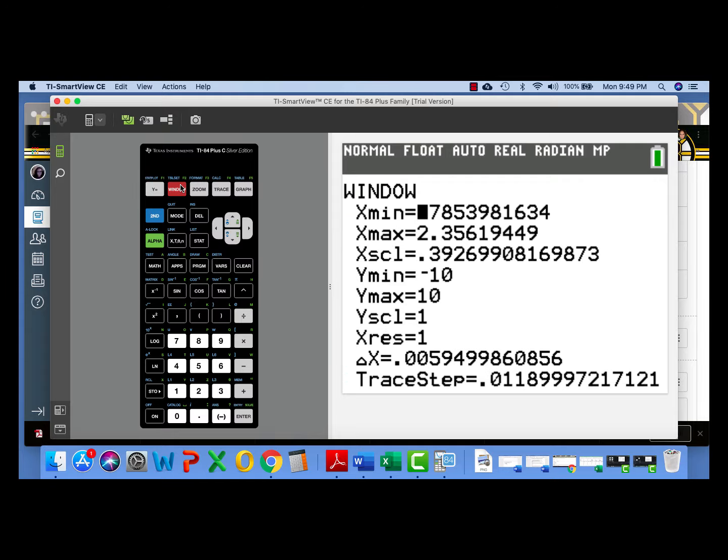Okay, let's go to the window. We're going to start at pi/4. That's the beginning of our period. So I'm going to put in pi divided by 4. Then the last value of our period is 3 pi/4.